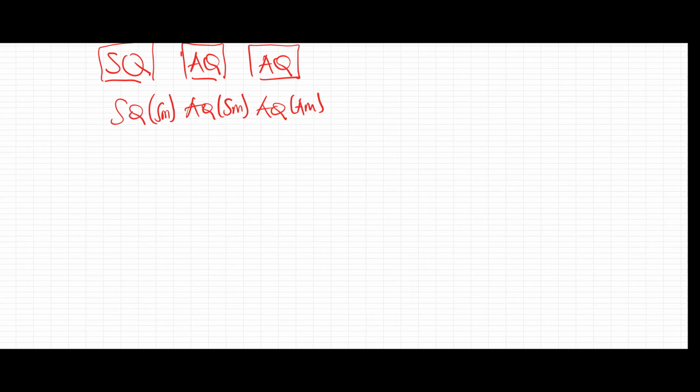Anytime you hear mix and yield, whether it's sales mix or labor mix or whatever, just put SQ, AQ, AQ. Then you do SM for life, so SM, SM, and then AM. The SM means standard mix.